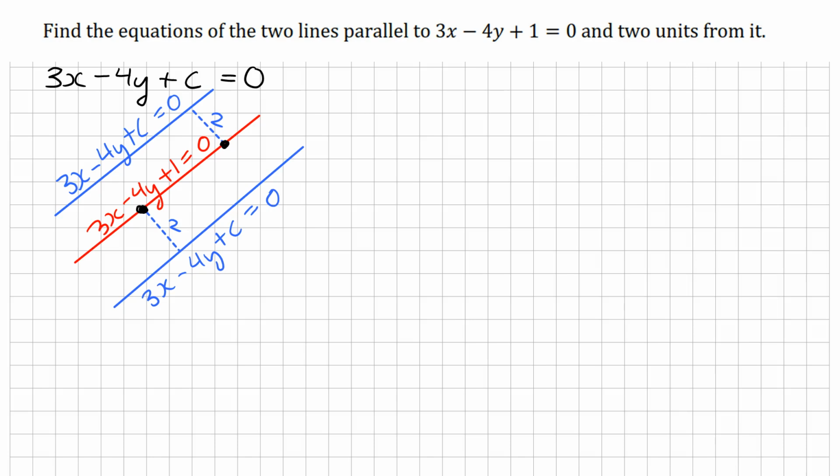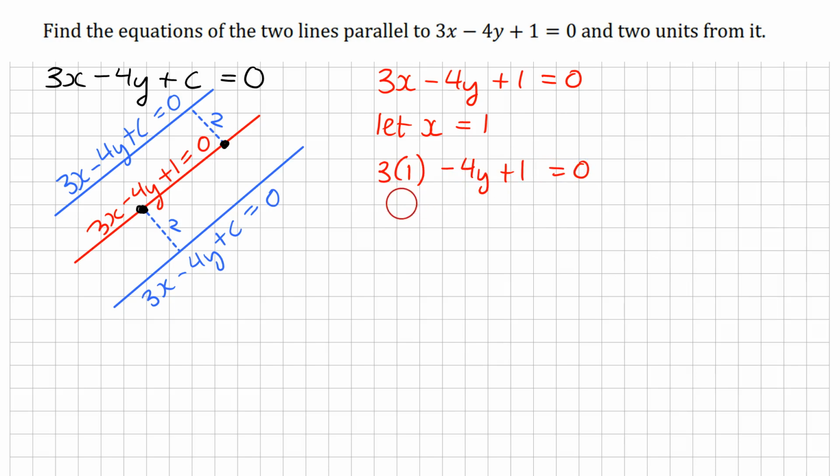Now if we look at the red line, which is 3x minus 4y plus 1 equal to 0, if I let x be 1 here, that will mean that I'll get 3 times 1 minus 4y plus 1 equals 0. So that will give me 4 minus 4y equal to 0.